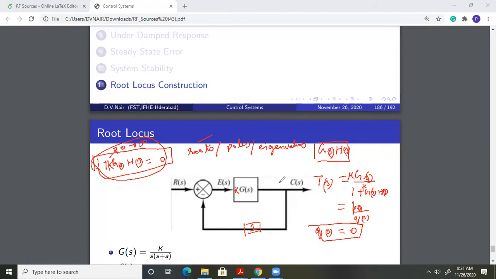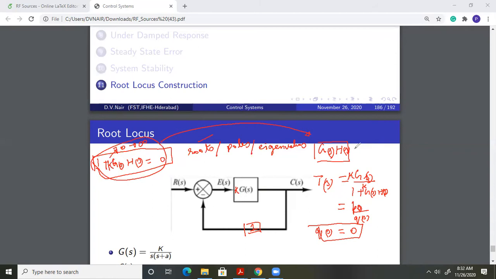It allows us to obtain the roots of the characteristic equation of the closed loop system knowing only the open loop transfer function G S H S. This information will be enough for us to know all possible values of the roots of the characteristic equation.